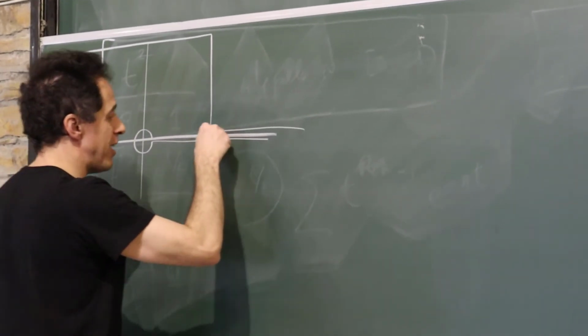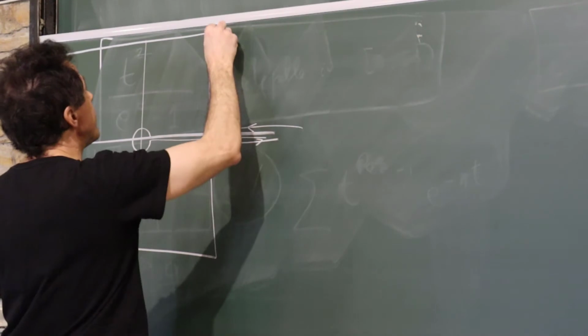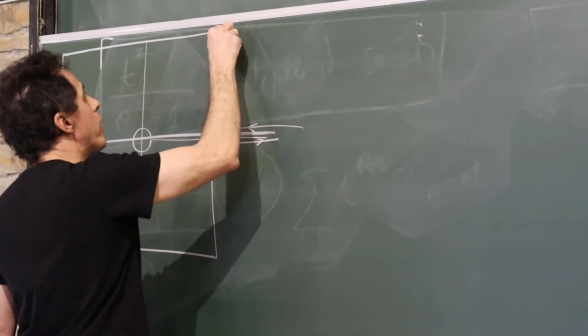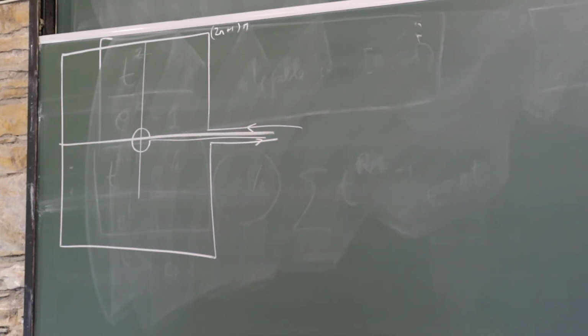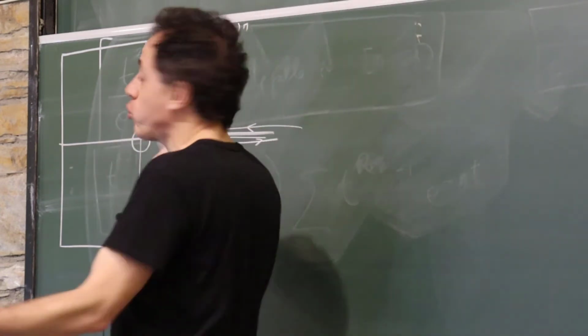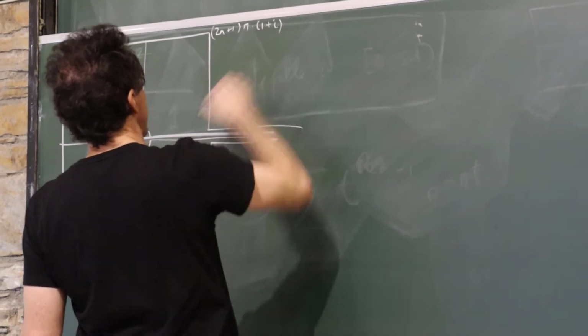We are going to use an integral along a path like this, a square like this, and we come back. When we arrive here, to the point 2m plus 1 times pi, it is a square, so the same length here as here, so this is the point 1 plus i.